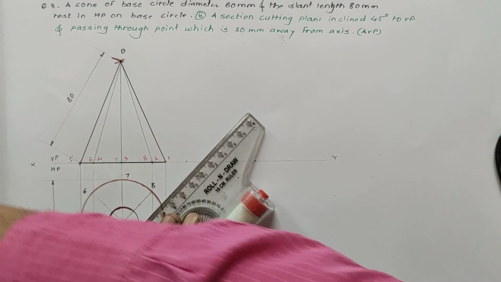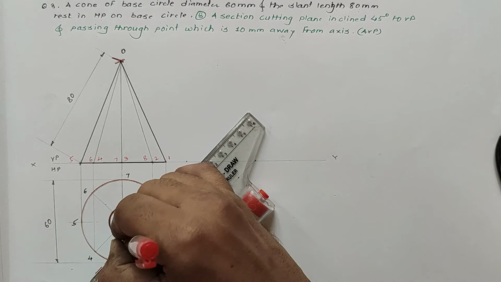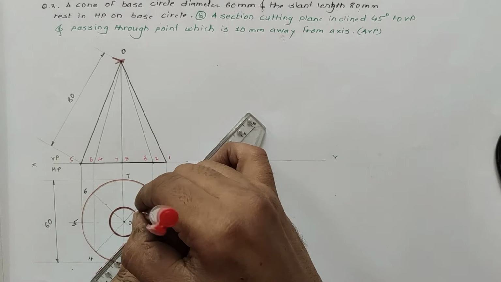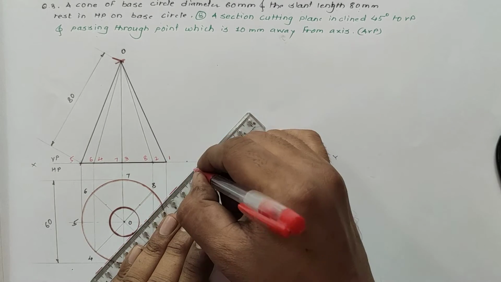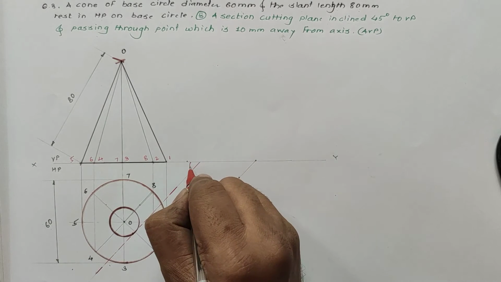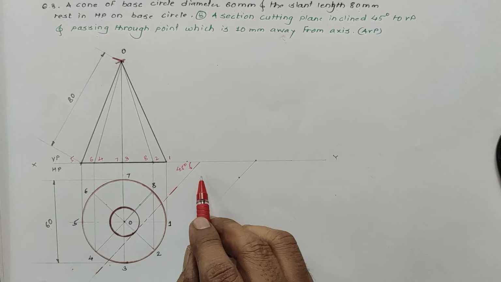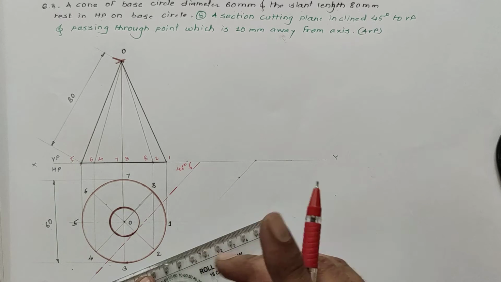So this is the cutting plane position, thick at the ends and center chain thin line we can use. And the angle here is 45 degree to the VP. So this is the auxiliary vertical plane cutting the top view.